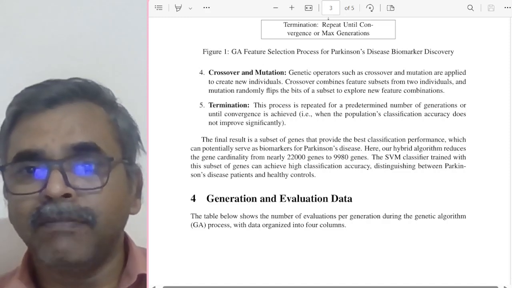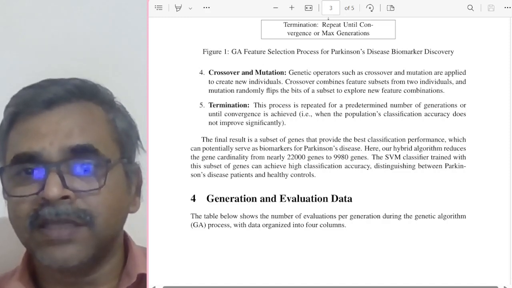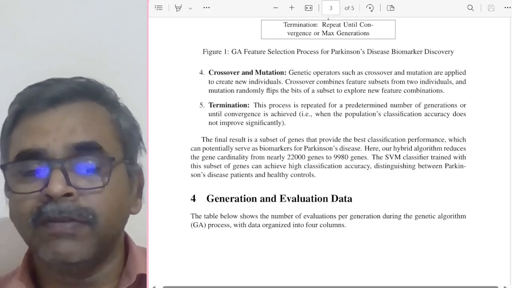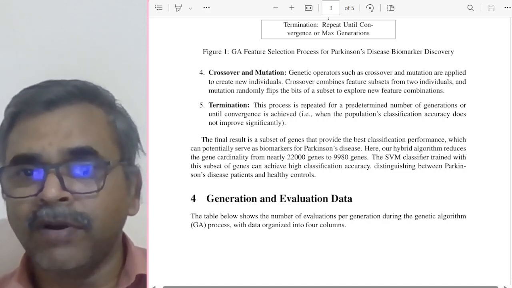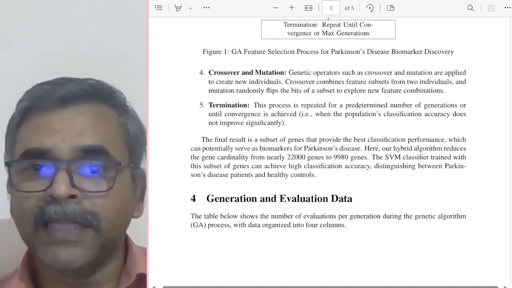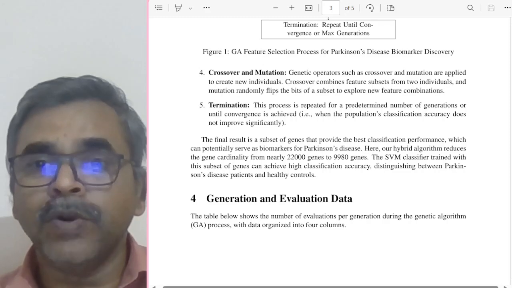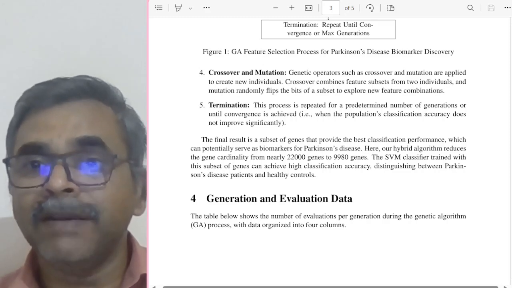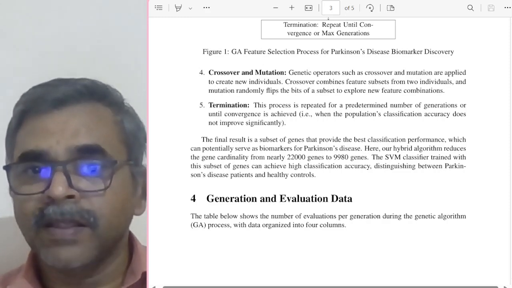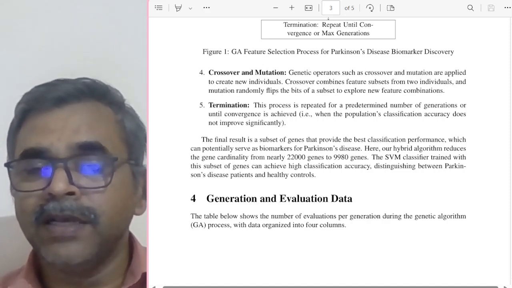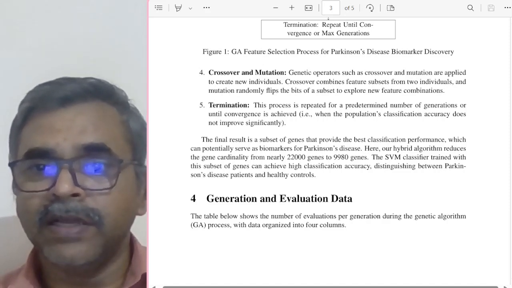Like we can combine our hybrid algorithm with the DSEC algorithms. So before applying this algorithm, we can reduce the number of features based on the DSEC, and that reduces the features nearly to 1200. And in 1200 if we apply this, I think we will get nearly 500 or 400 genes, which can be very helpful in deciding the biomarkers for a particular disease.